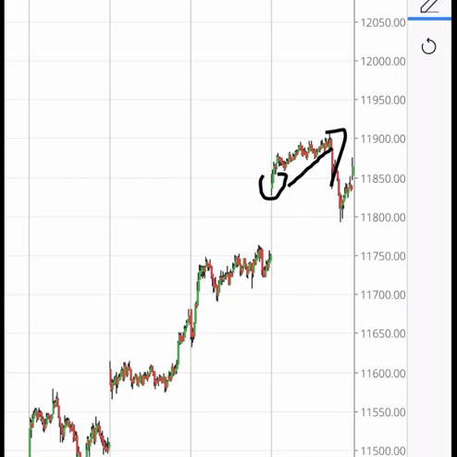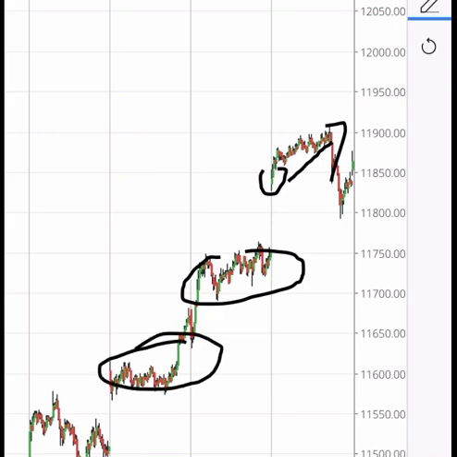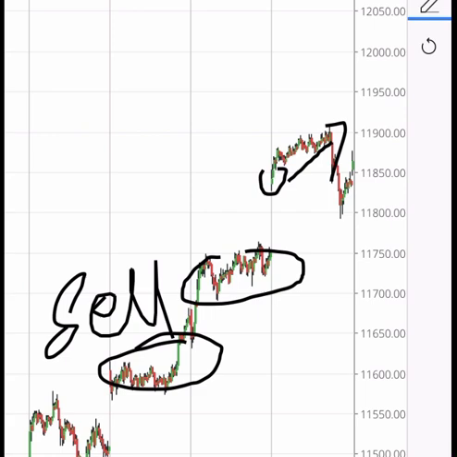The reason is these people who short the market over here, who create a sell order, once the market opens with a huge gap up, they suffer huge losses, so they have to exit the position. So once they exit their position, it becomes a buy order. That's why it takes the market up.